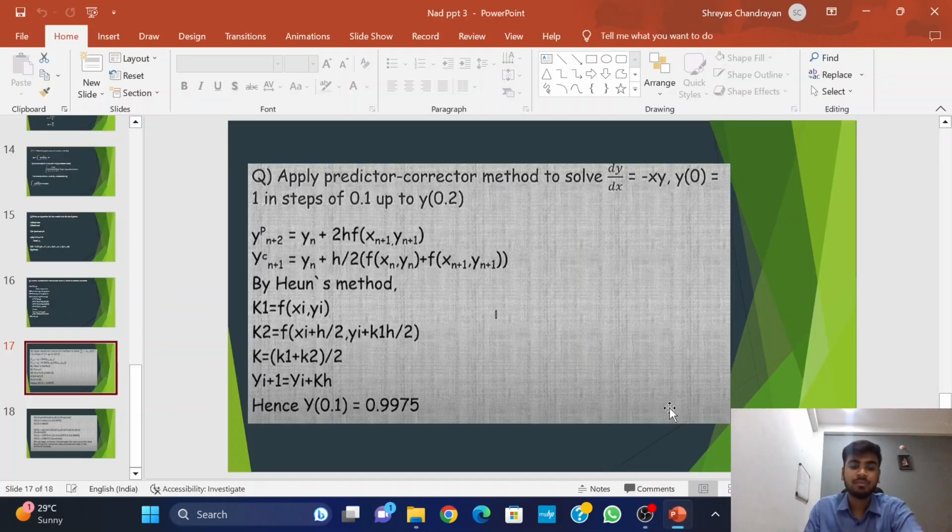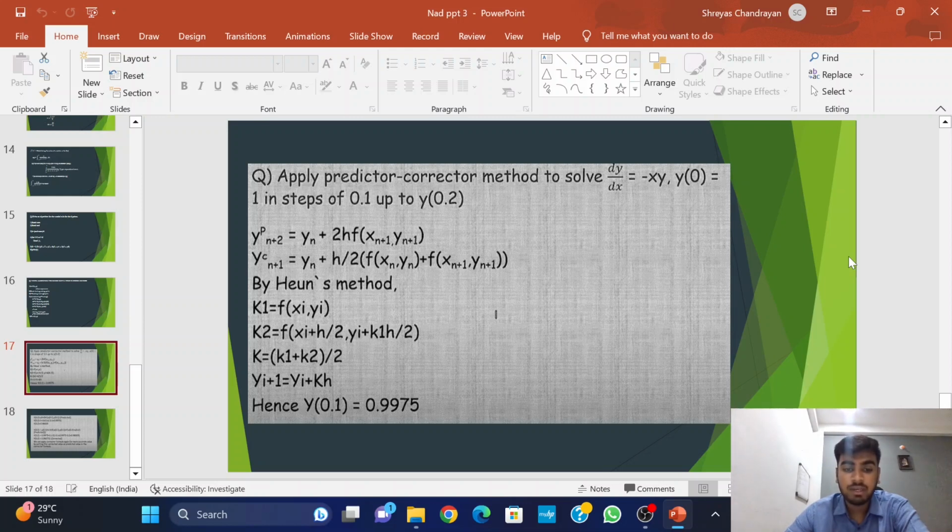Next question is apply the predictor corrector method to solve dy by dx is equals to minus xy, where y0 is equals to 1 in steps of 0.1 up to x is 0.2. So yp n plus 2 is equals to yn plus 2h f(x n plus 1, yn plus 1), yc n plus 1 is equals to yn plus h by 2 (f(xn, yn) plus f(x n plus 1, y n plus 1)).